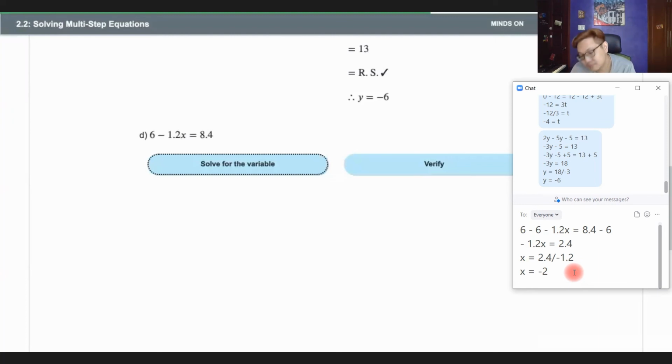So 2.4 divided by negative 1.2 is equal to negative 2. So x is equal to negative 2.